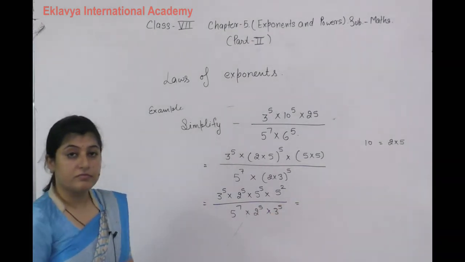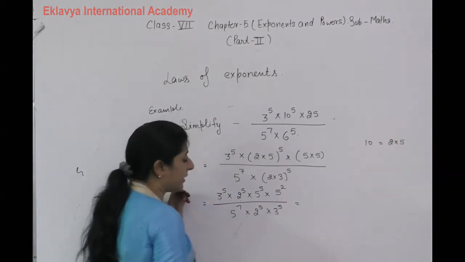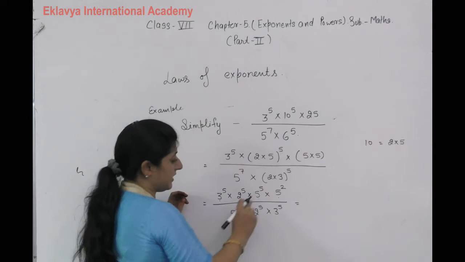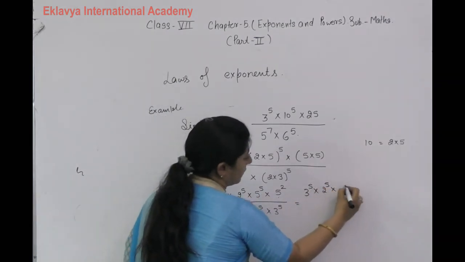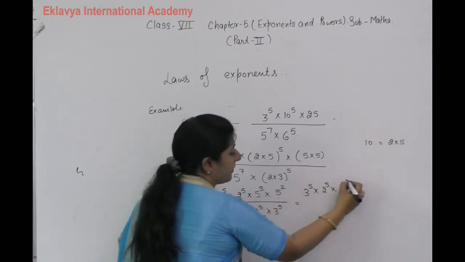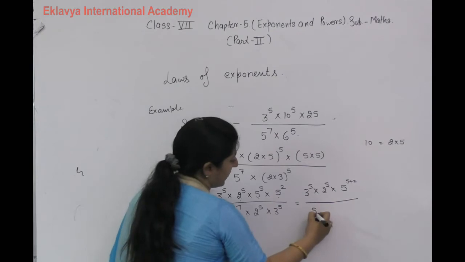Now see, different bases, but this is the same base. Then write 3^5 into 2^5 into 5 to the power 5 plus 2, since powers are added. Here all are different bases.